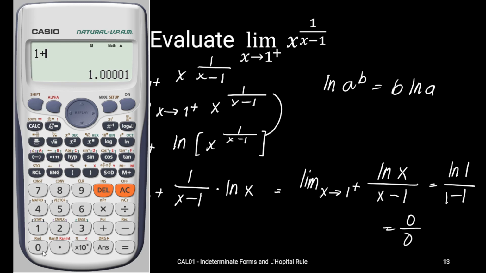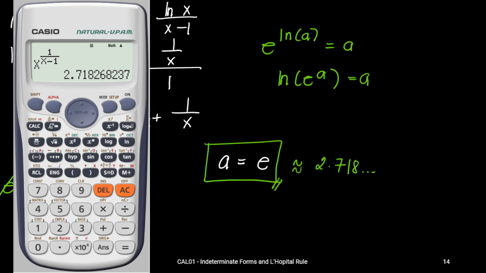Tapos, 1 plus 0.0001. So, therefore, we have 2.718. Para ma-check natin kung talagang tama, di ba? Ito yung sagot natin, e. Divide natin by e. Dapat 1 yung lalabas or near to 1. So, we have 0.99995, which is almost equivalent to 1. So, therefore, our answer is correct.